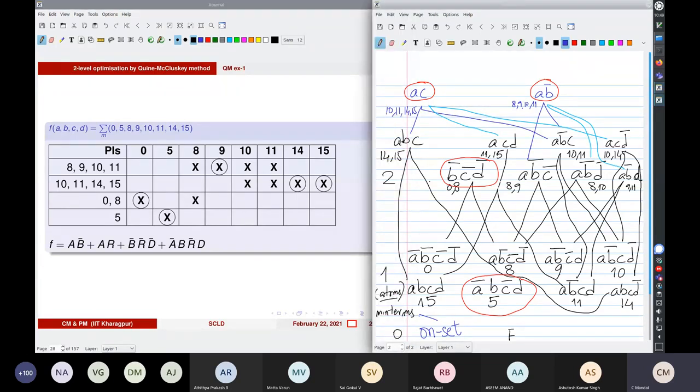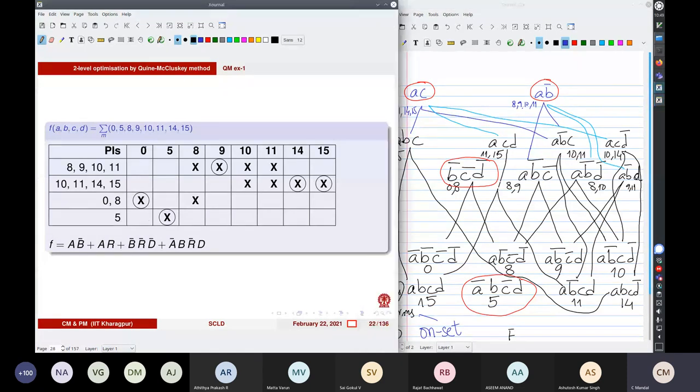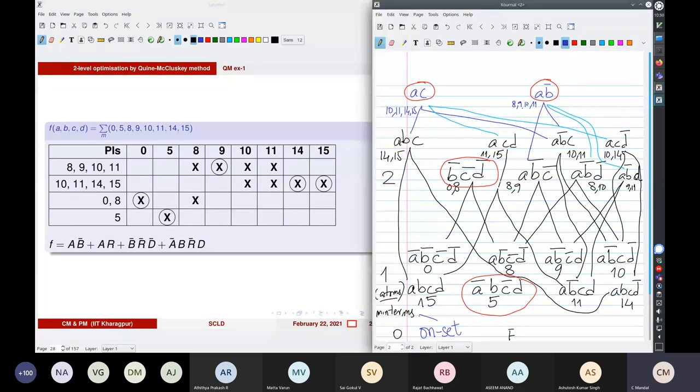So what you can see is that, let us say 0, 8. From the names it's evident which of these are covered. So I've put a cross over there, and say 0, 8 is covering this one and this one.